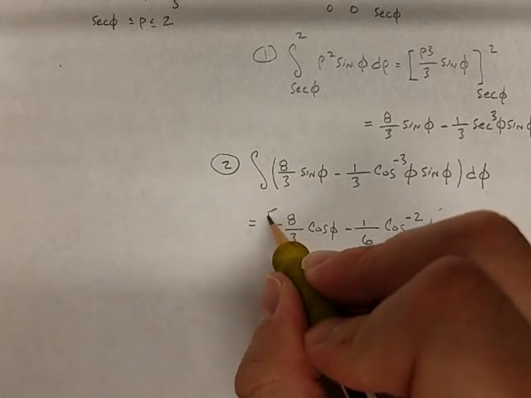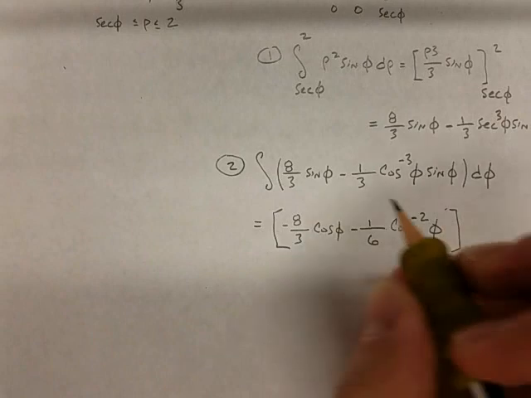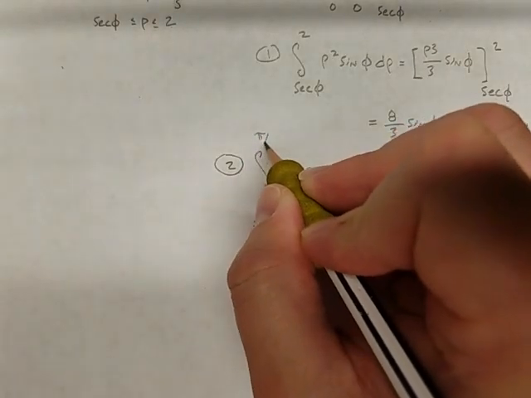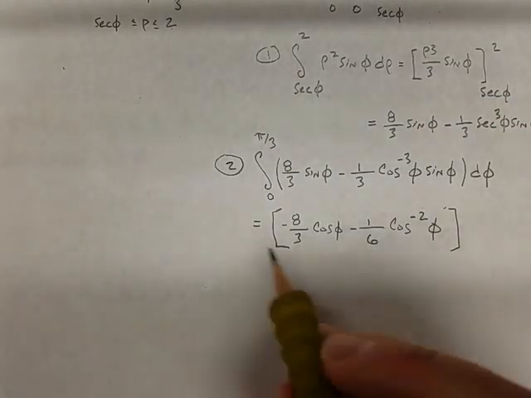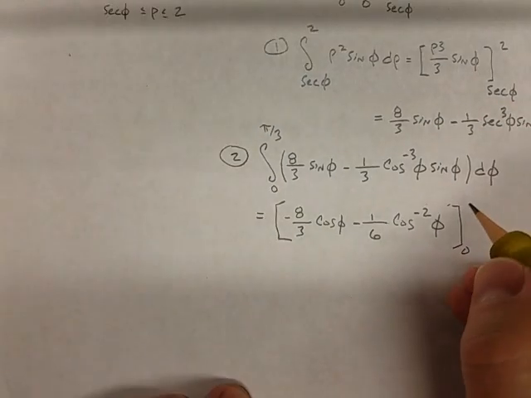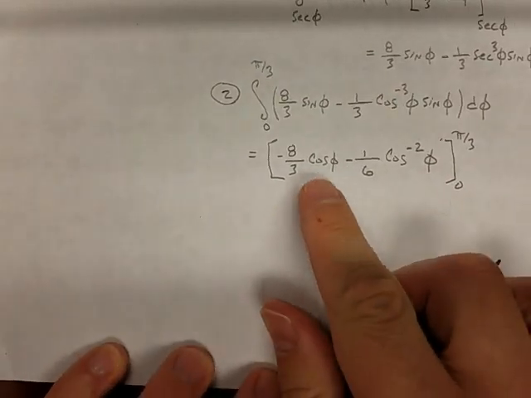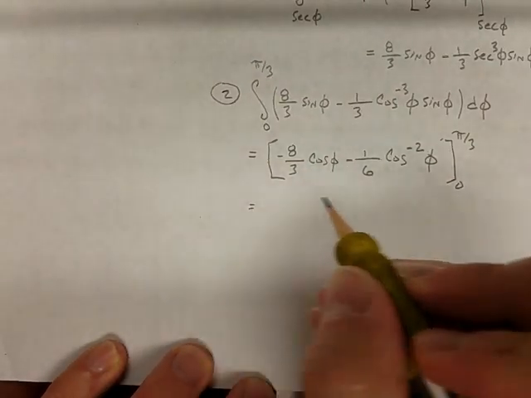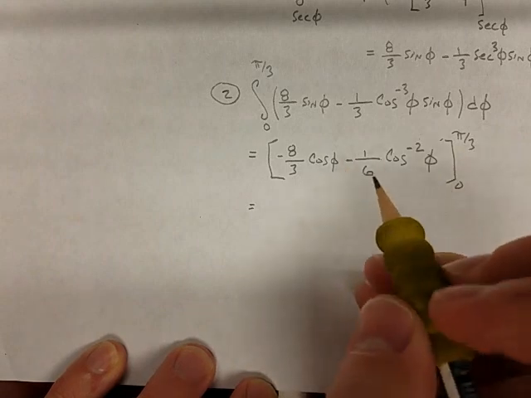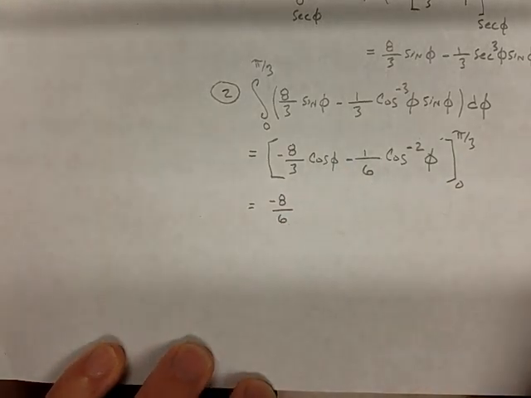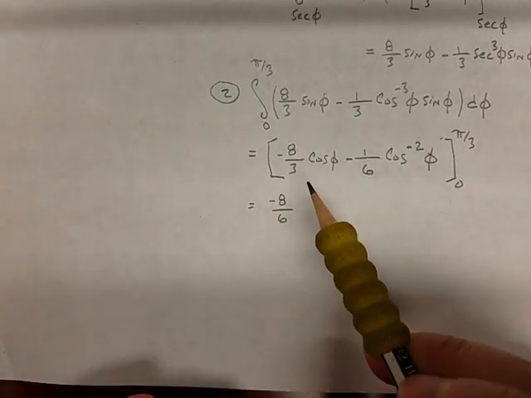And how do we want to do that? That was 0 to pi over 3, 0 to 60 degrees. So 0 to pi over 3. How does that work out? Well, this will be negative 8/6, which I can reduce, but I don't see the need to.